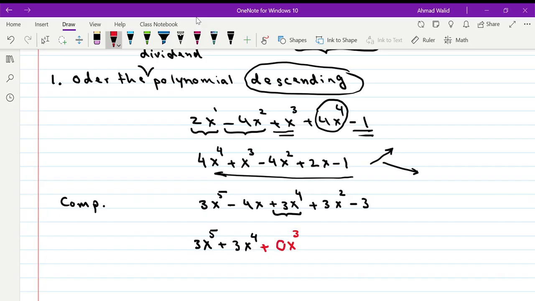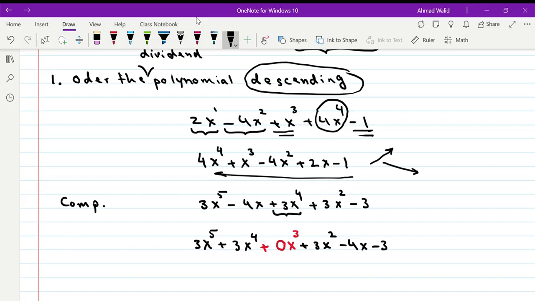Your coefficient should be 0. It means add 0 x cubed. This is how you complete your polynomial, correct? After x cubed, plus 3x squared, then minus 4x minus 3.